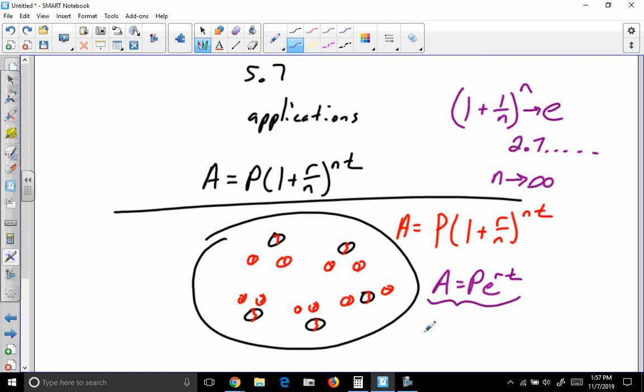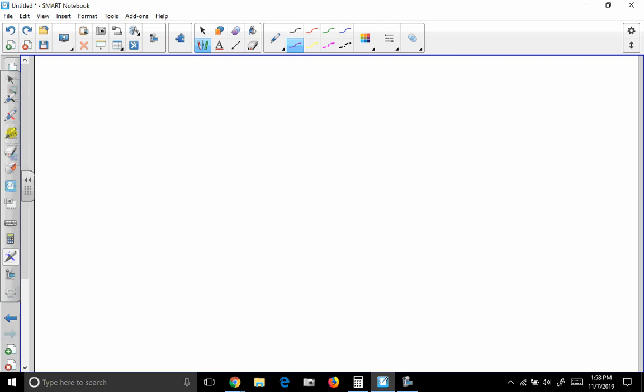So if we're talking about continuous reproduction or continuous decay, exponential growth, then we're going to be using this particular formula. So let's work through an example.